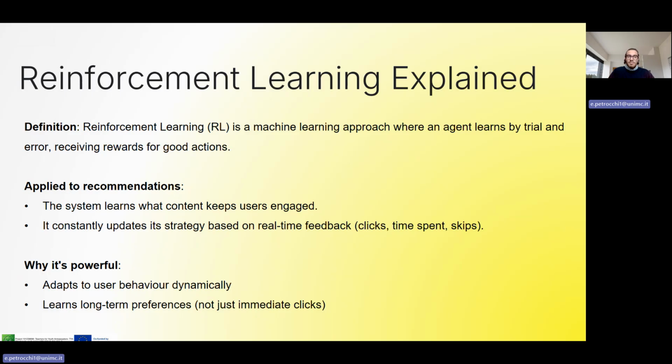Then we have maybe the most powerful technique for recommendation, that is reinforcement learning, which is a machine learning approach where an agent learns by trial and error, receiving rewards for good actions. It can, of course, be applied to recommendation because the system can learn what content keeps the user engaged. And it constantly updates its strategy based on real-time feedback, such as clicks, time spent, skips.